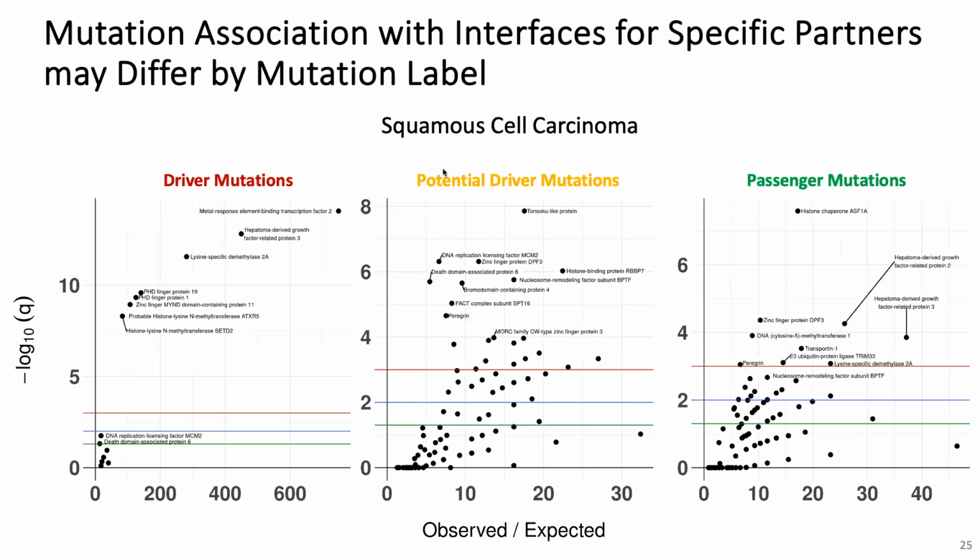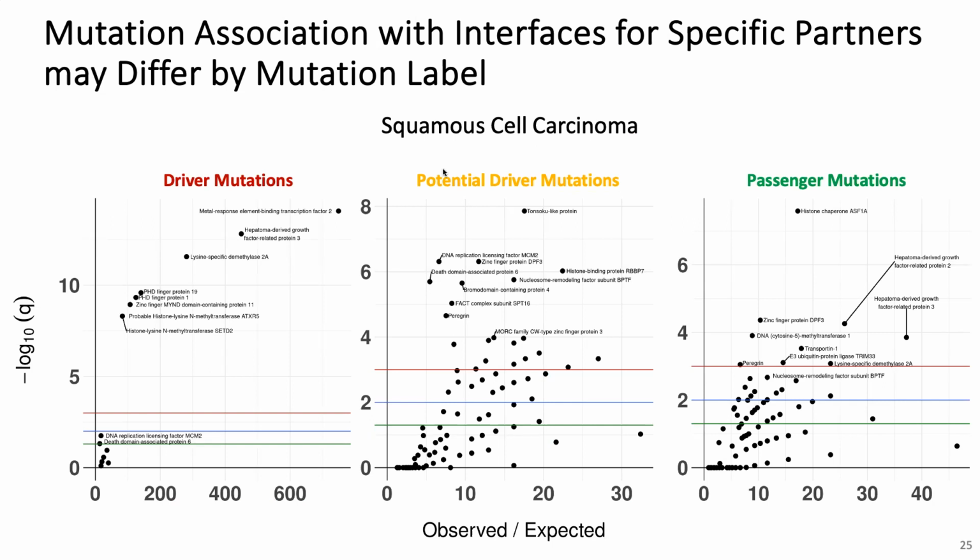Now, one other thing that we've been able to do is integrate our results from MutaGene, our driver prediction method, alongside some of the information from our histone interaction networks. And this is going back to those binomial tests. What we've also done is determine whether specifically histone missense mutations of a particular label within a specific cancer type are enriched or depleted at interfaces for specific proteins.